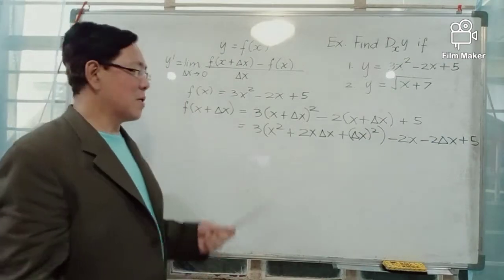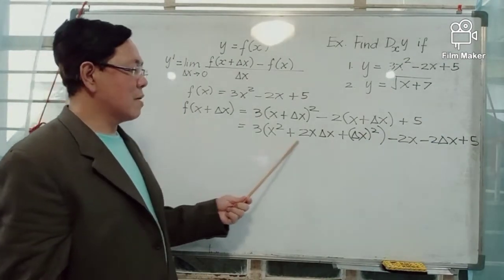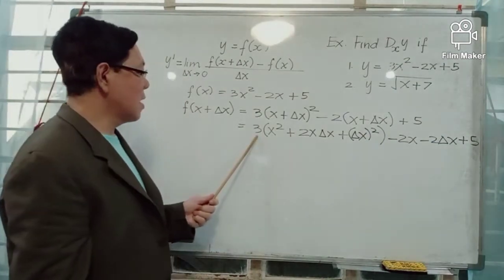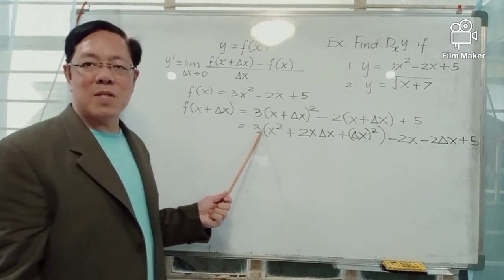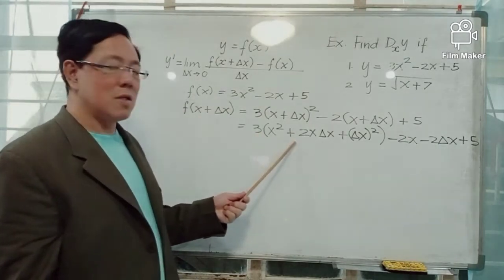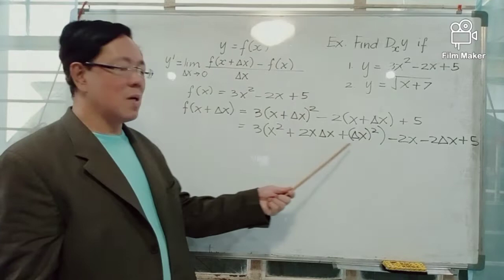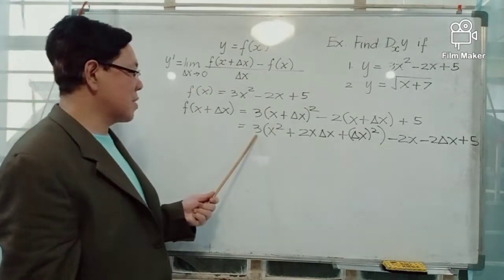We simplify further the first term by applying the distributive property of multiplication over addition. We multiply each term of this trinomial by positive 3.